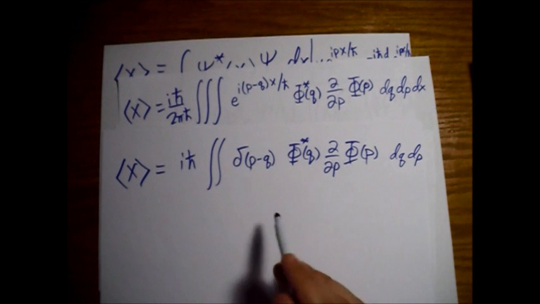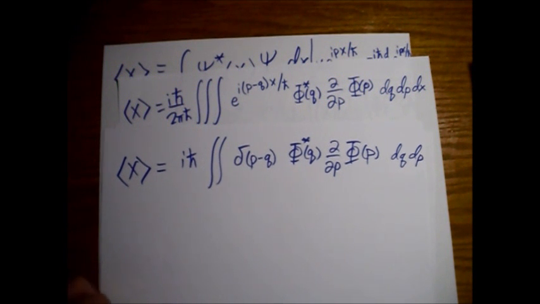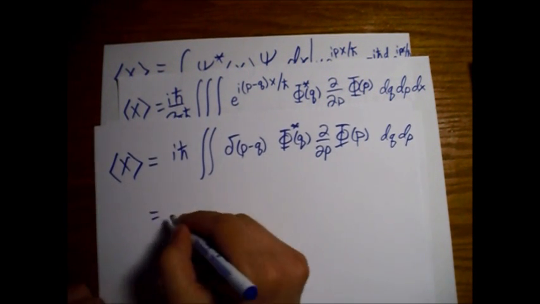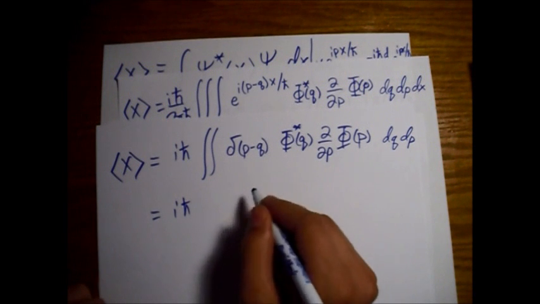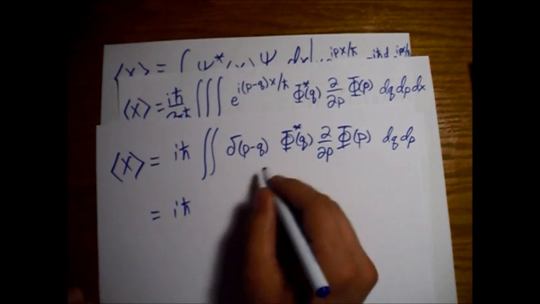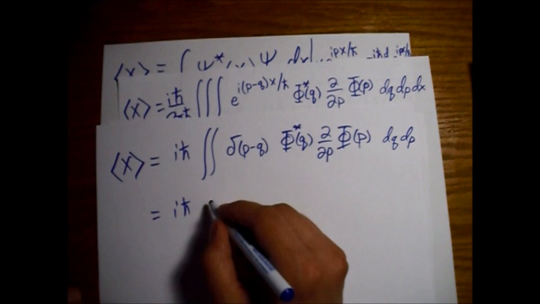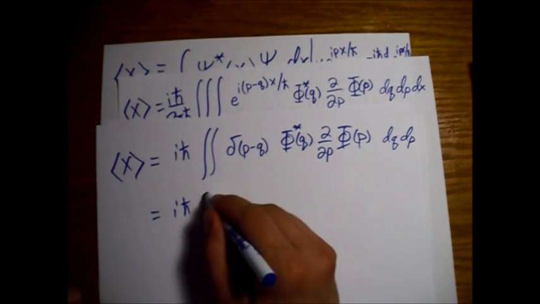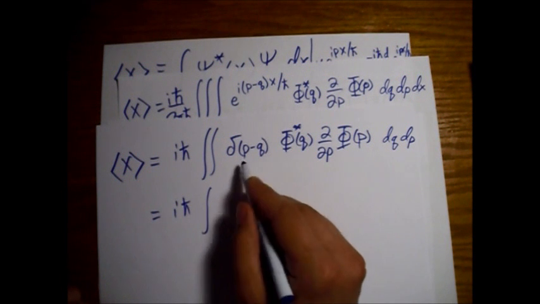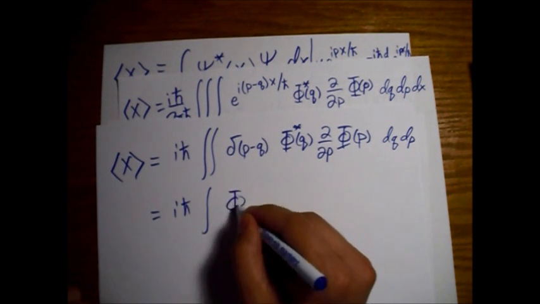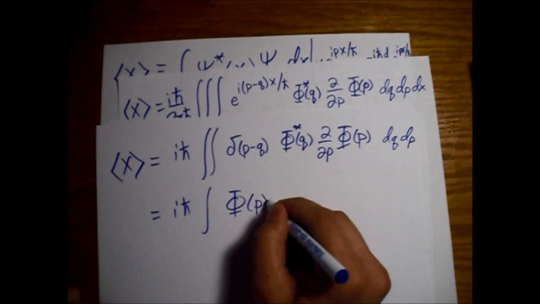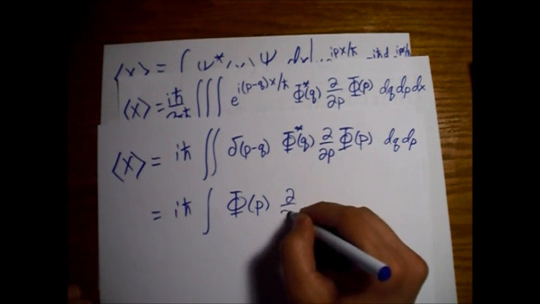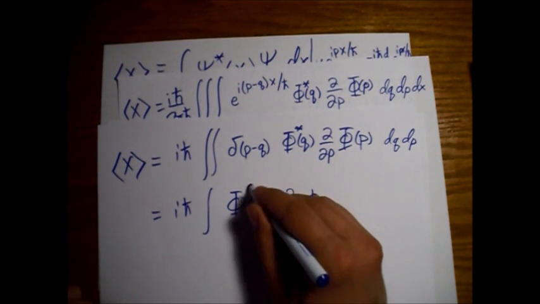Basically this delta function just sets p equal to q. So now let's go back to p. It also gets rid of one of these integrals. This one's a conjugate.